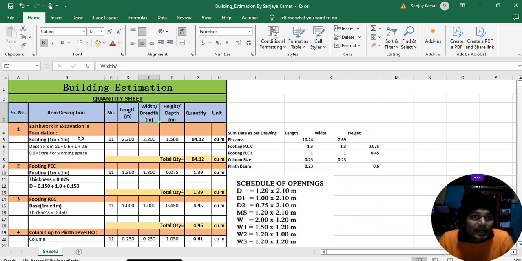Then that footing width should be how much? 2.00 meter. And then the height, how much depth we have to keep for that footing? 1.580 meter.